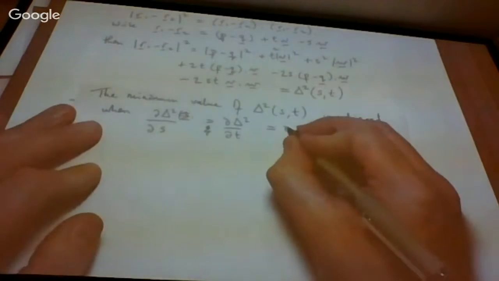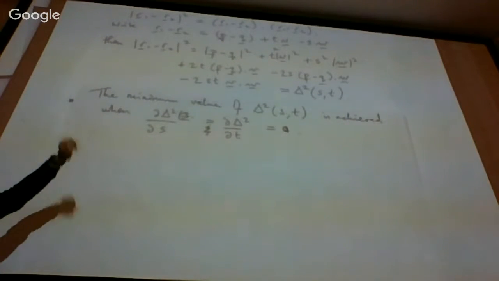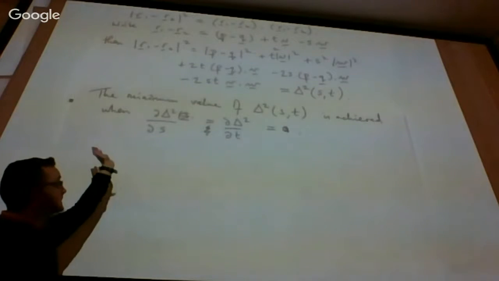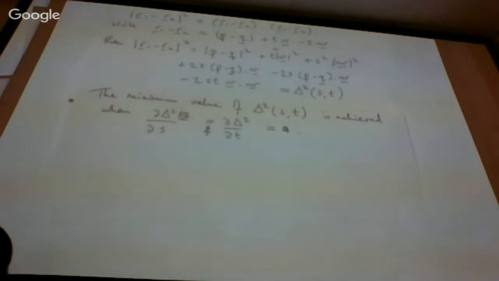I briefly mentioned that in the maths methods lecture, but we'll come on to consider it in detail pretty soon. So the minimum value of this squared magnitude of R1 minus R2 is going to happen when both partial derivatives are equal to 0.